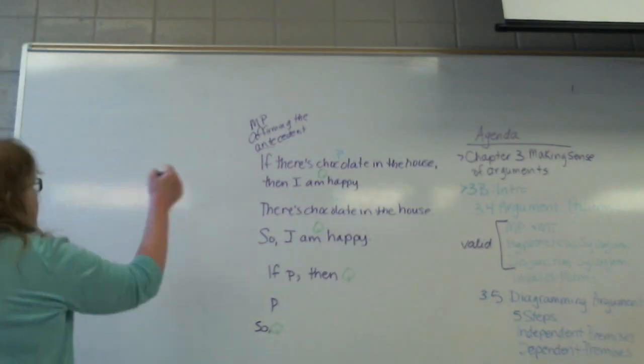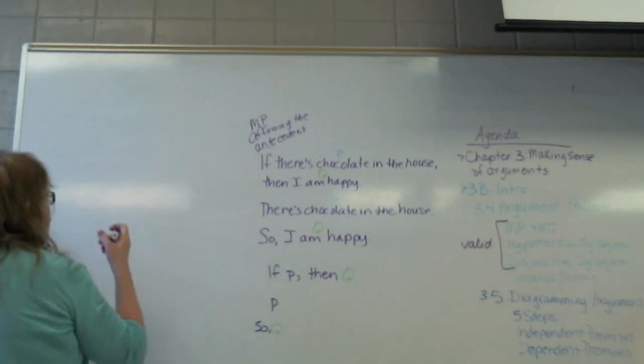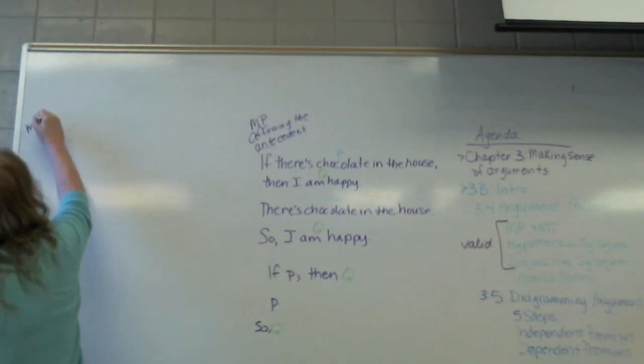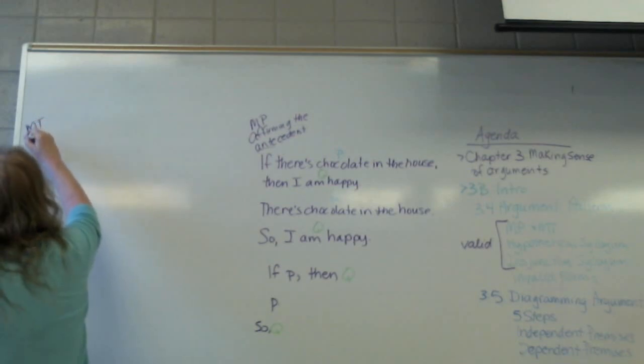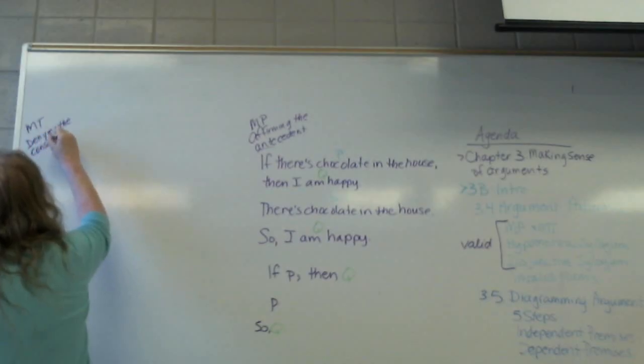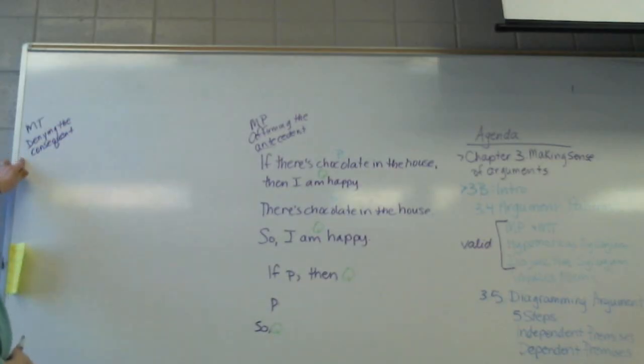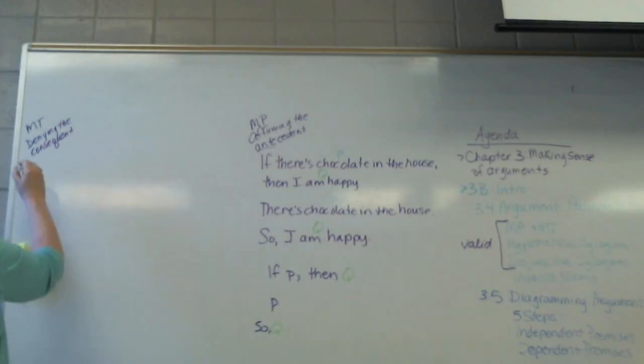The other one in this same kind of format is modus tollens, and it is denying the consequent. If you remember both of those, you're less likely to put it together wrong. So I'm going to use the same argument and just put it in that format.